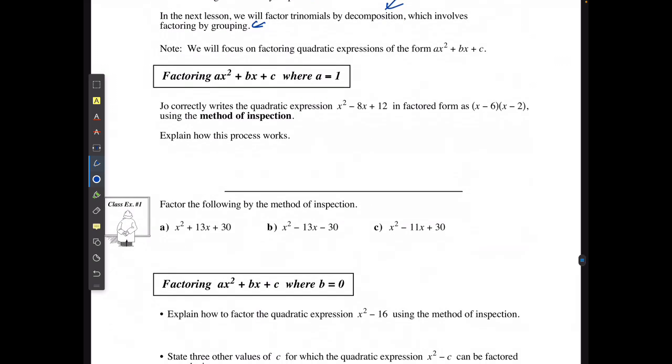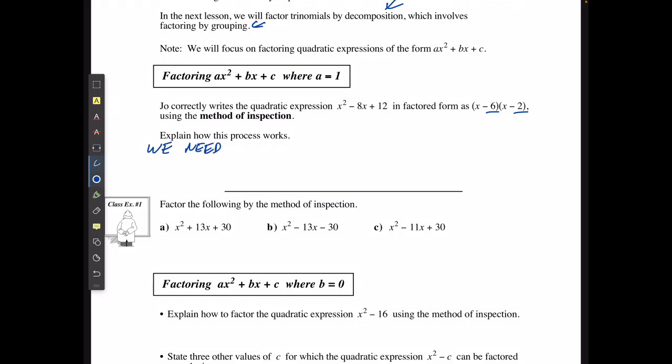So, to begin, Joe correctly writes the quadratic expression x squared minus 8x plus 12 in factored form as x minus 6 and x minus 2 using the inspection method. So how does this work?